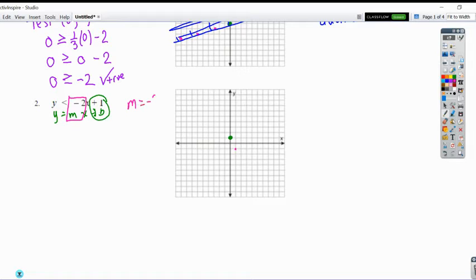That m value as a -2, thinking -2 over 1 for that fraction. So down 2, right 1, and repeat. You can turn that around certainly and go the other direction, up 2 left 1, and repeat, so that you can have these points available.